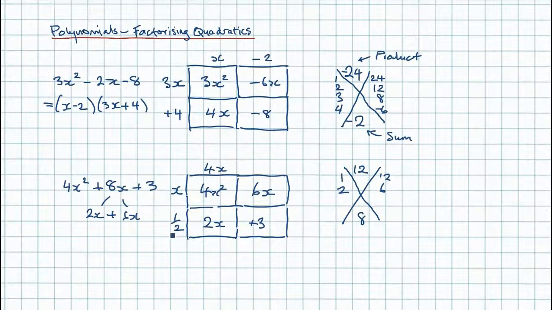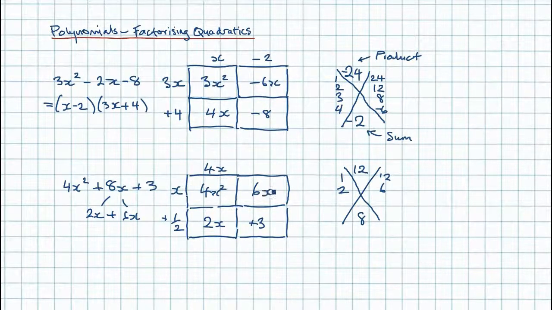Now, I don't know if we want to have half, but we'll leave it there for the moment. It's not an integer. If we particularly wanted to have integers, then obviously that wouldn't be acceptable.